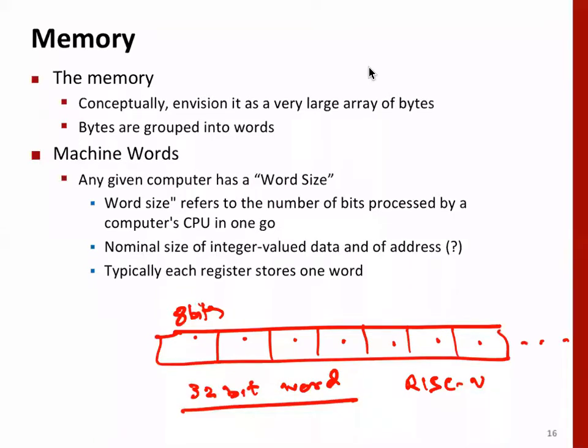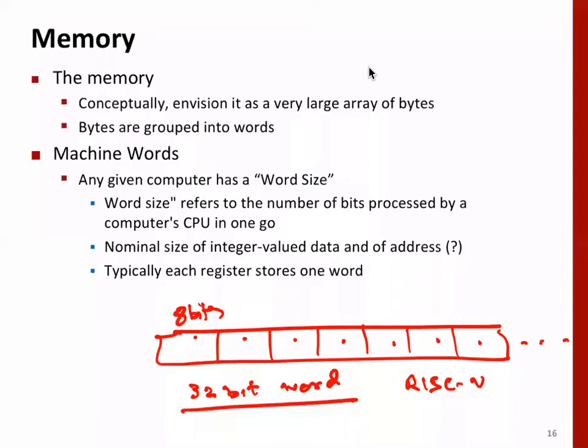Now, when we use a word, usually, I will not say always, one word is manipulated. It means that when you use the ALU, arithmetic logic unit, and sum two numbers, these are all one word size, or 32-bit size.